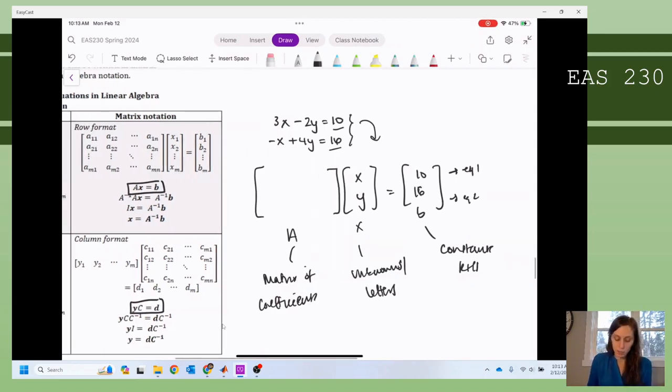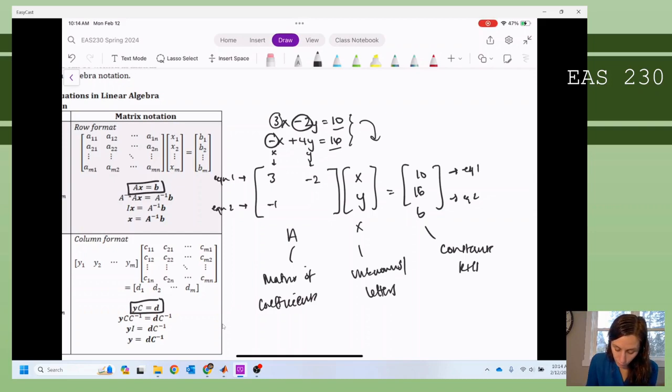To fill my A matrix, for my first row, I'm going to take my coefficients from equation 1, from second row, coefficients from equation 2. In each column, I have my unknowns, so X, Y. So for A, for equation 1, the number in front of X here is a 3. The number in front of Y is a negative 2. The number in front of the X in equation 2 is negative 1.